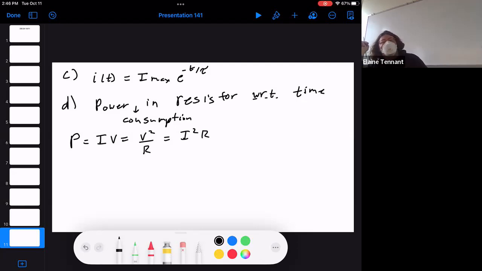If I want to think about the power through that resistor, the first one? It's not a bad idea, but I don't have an equation for voltage yet. Also, the last one. The last one, because yeah, I have an equation for current.